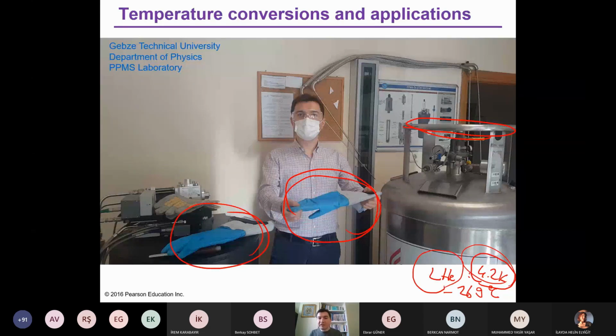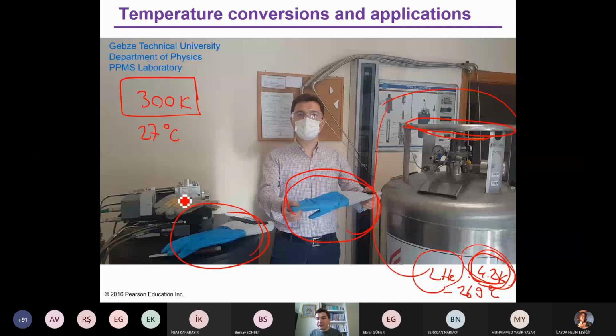These are made from thermally insulating materials, and you must be very careful. And in addition to that, just look at this tank. Here, within this tank on the right side, we have liquid helium, and this is the temperature. But the overall temperature of the room is 300 Kelvin, or let's say around 27 degrees Celsius.